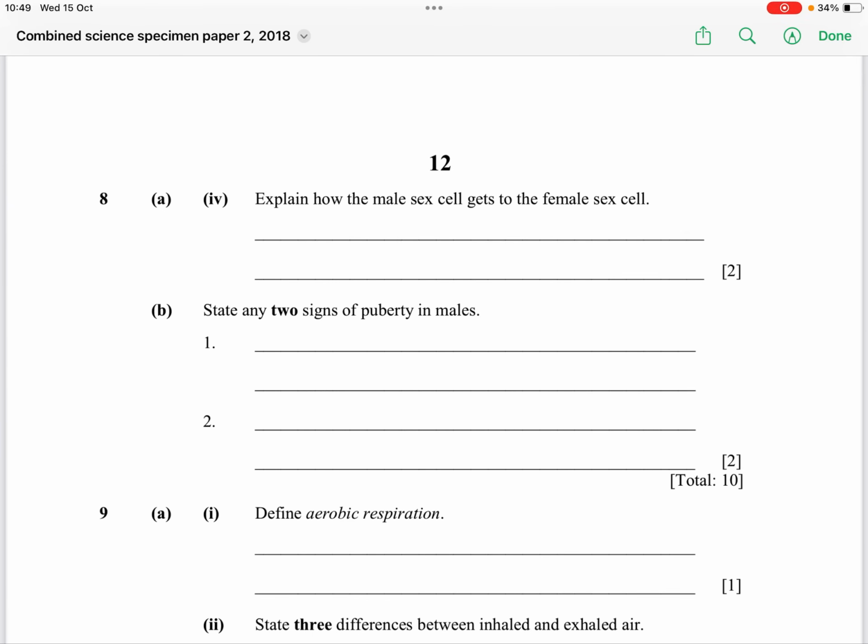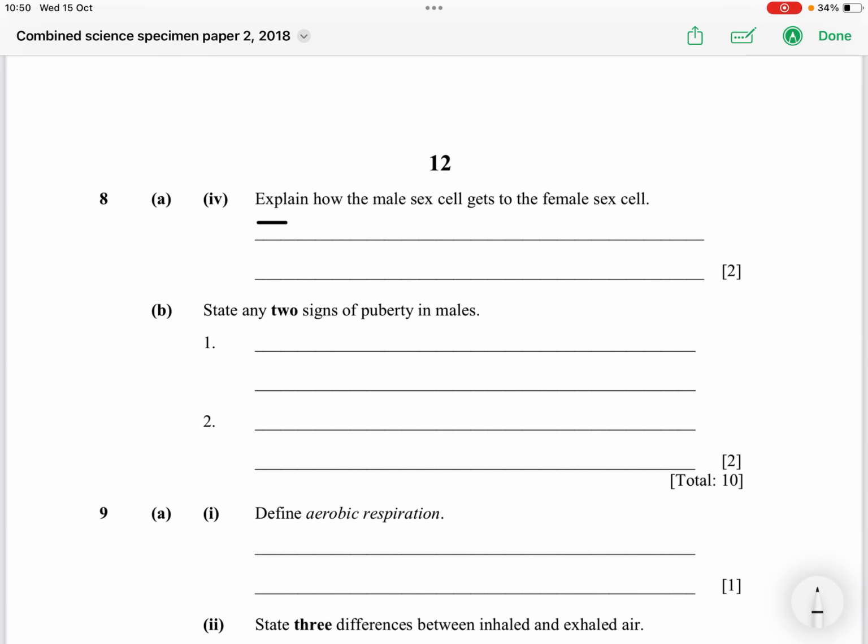The question is still on that flower, so we are supposed to explain how it occurs in the flower. The pollen grain falls on the stigma, releasing the male sex cells, which reach the ovary through the style in order to fertilize the egg.